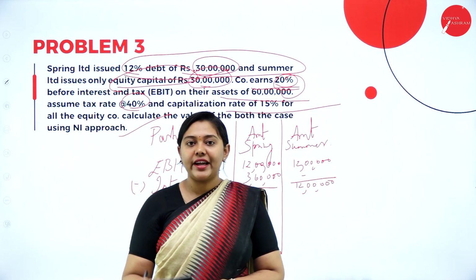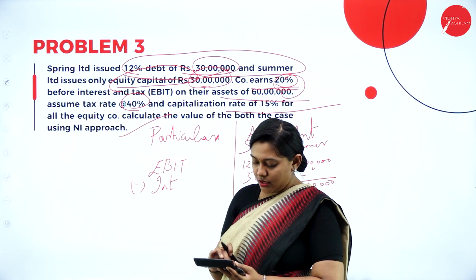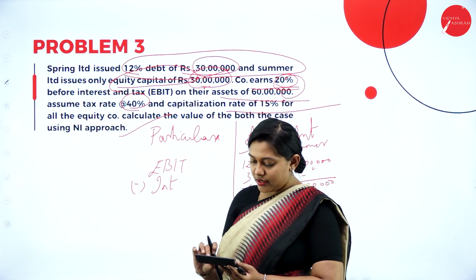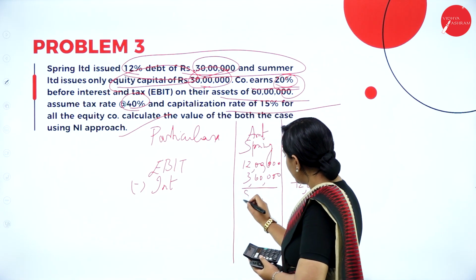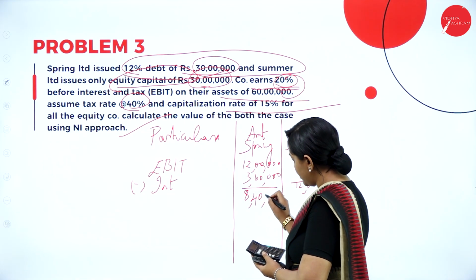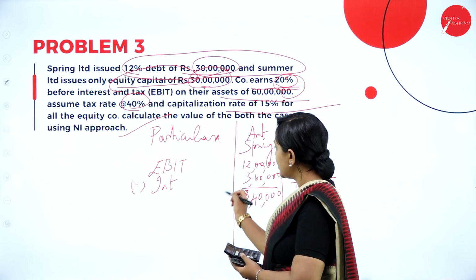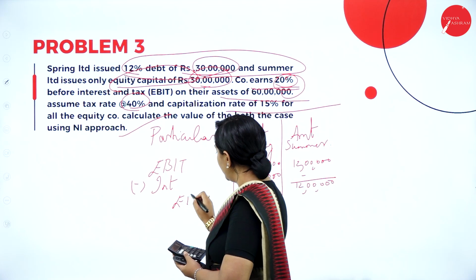So 12 lakh minus 3,60,000, it is 8,40,000. What is this? Earnings before tax.